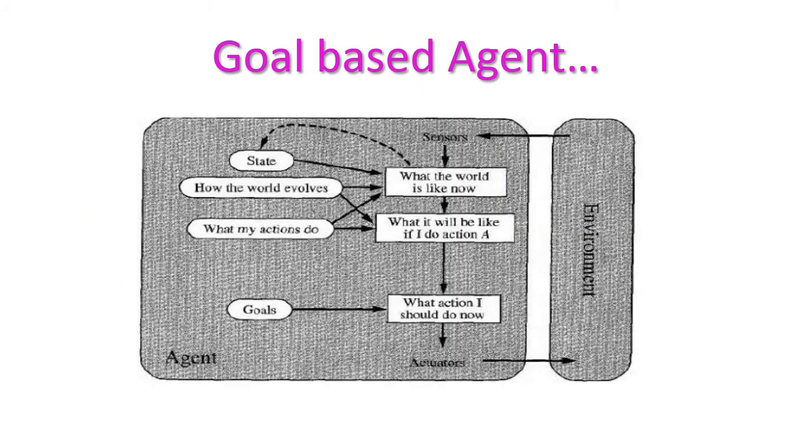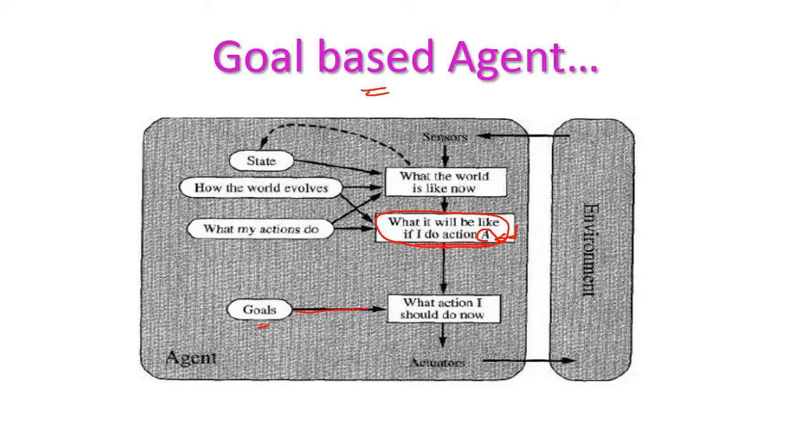And this is the goal based agent. Here we have some additional information about what it will be like if I do action A. For all actions, how the environment will be will be stored in this agent itself. Accordingly, that will be compared with the goal state.